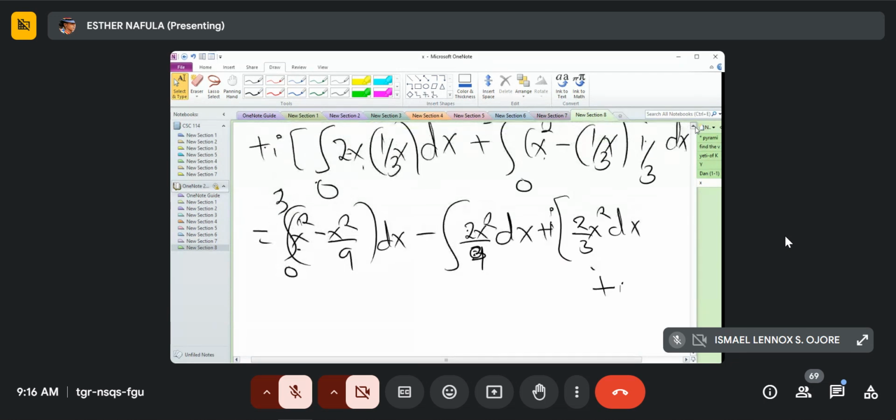We have x squared over 3 dx minus x squared over 9 dx. To integrate this, excuse me, it's supposed to be x squared over 27, not x squared over 9.